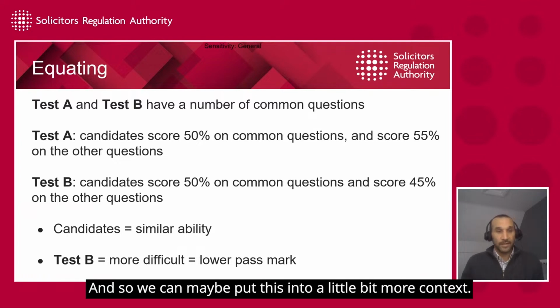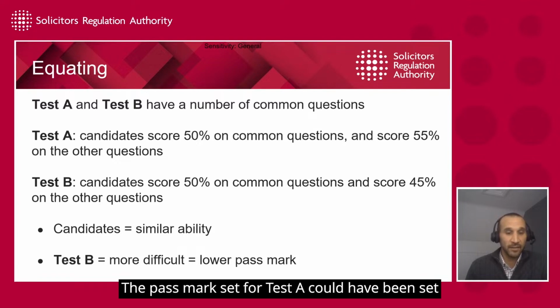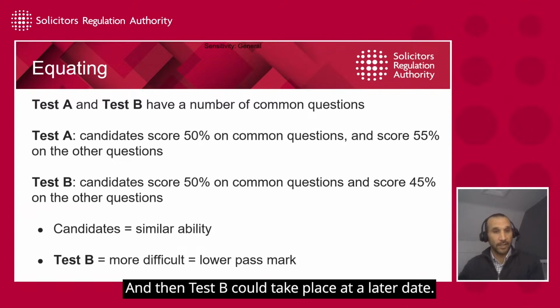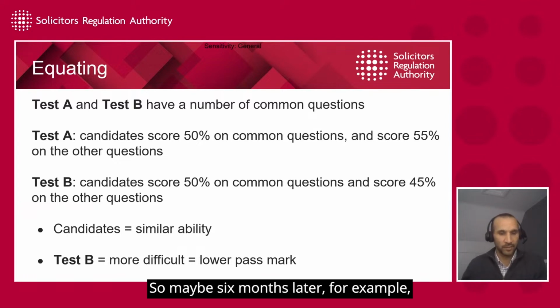And so if you can maybe put this into a little bit more context, the pass mark set for test A could have been set using that underlying AGOFF method that I've talked through already. And then test B could take place at a later date, so maybe 6 months later, for example, as is the case with SQE1 assessment windows.